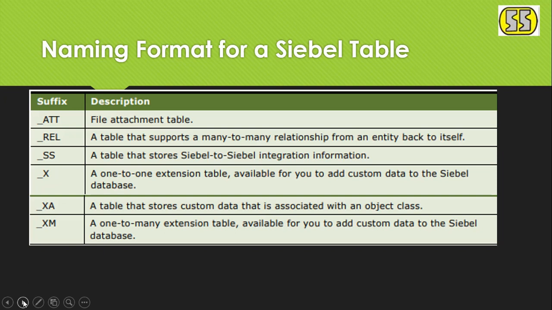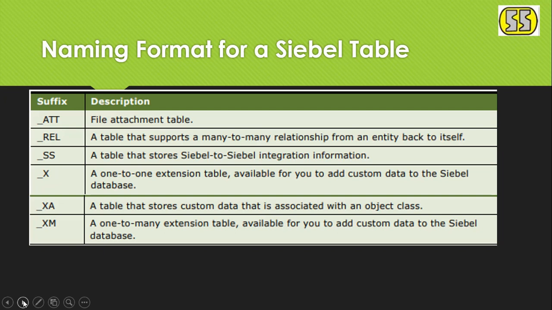Now coming to the suffix. If a table ends with underscore ATT, it means this table has attachments. So if we have an attachment table, we end it with the suffix ATT. Assume that in a contact I am uploading a couple of documents, so it will be S underscore CON underscore ATT.